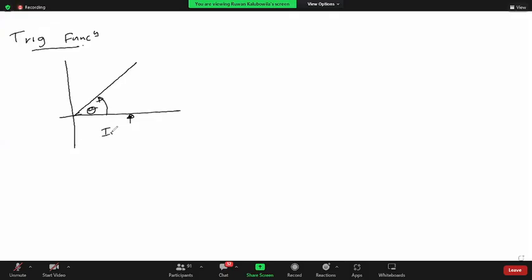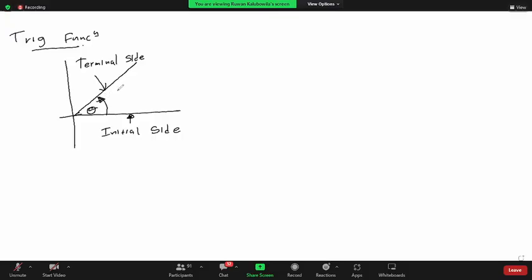You can call this line the initial side, and this line the terminal side. In between the initial side and terminal side, we can define the angle called theta.